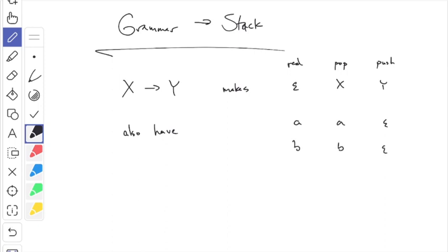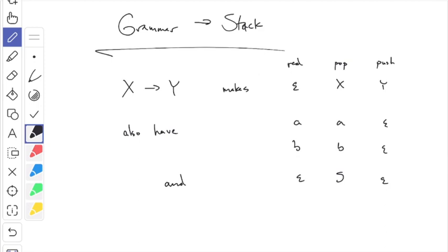Each letter gets its own transition like that. And we always get epsilon, S, epsilon for the starting grammar symbol. It gives you a rule in a stack machine like that.